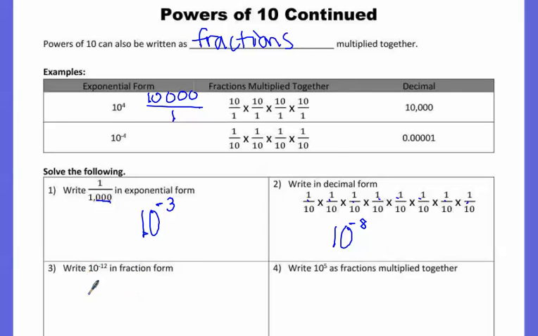Number 3 asks to write 10 to the negative 12 in fraction form. Because it is negative, it will be 1 over, and it's 12 as an exponent, so there are going to be 12 zeros.